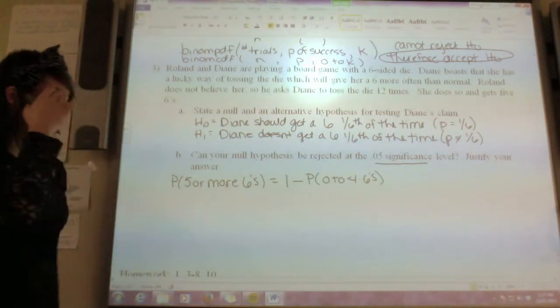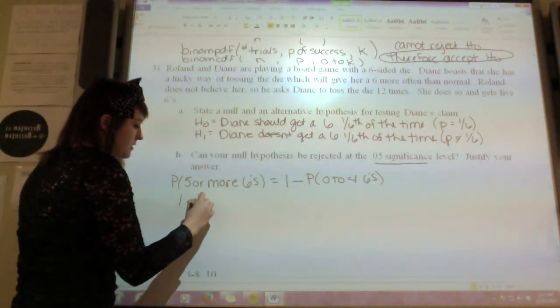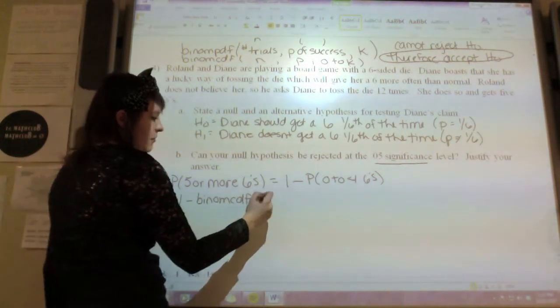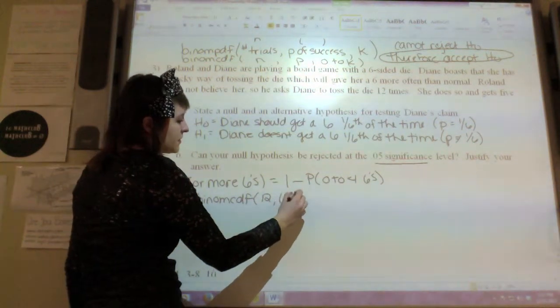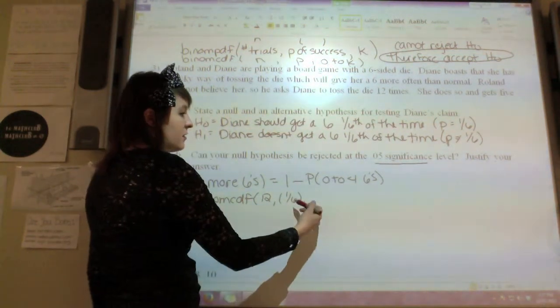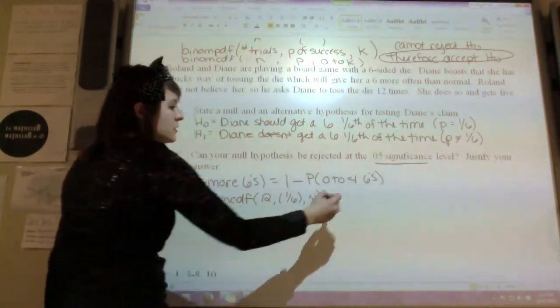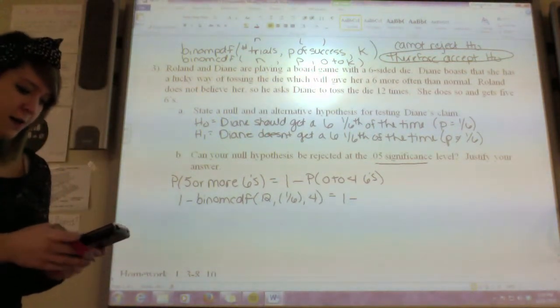To calculate that, I'm going to do 1 minus my binomial CDF. My number of trials was 12. The probability of success is 1/6. And the number that I'm going to is 4.